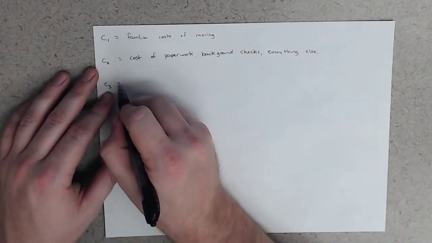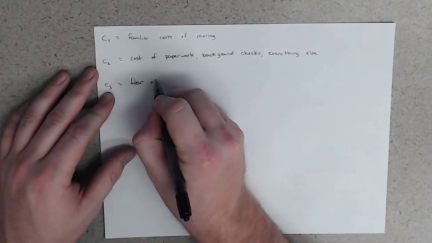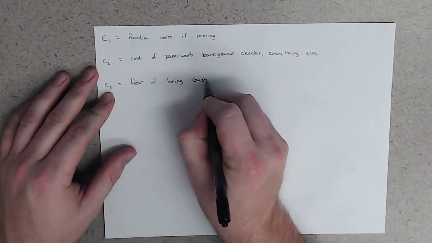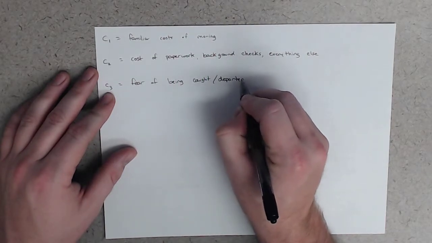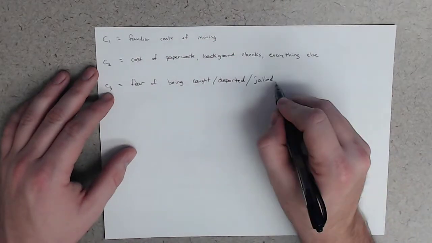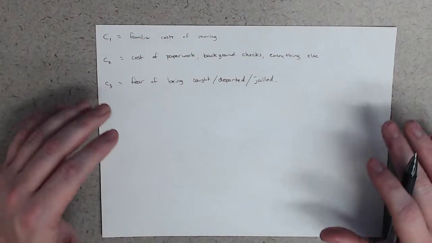And C3 is the fear, basically. The fear of being caught, deported, jailed, or whatever the fine is for being caught illegally in a country.